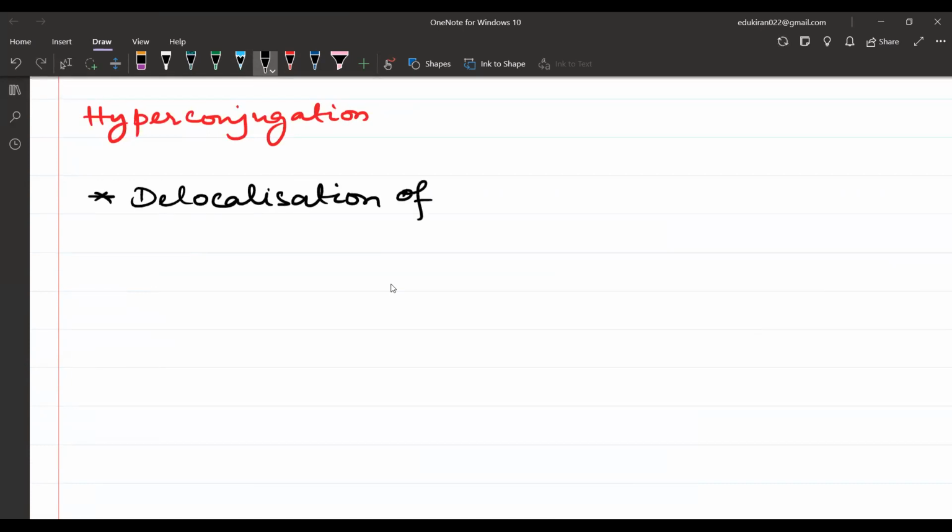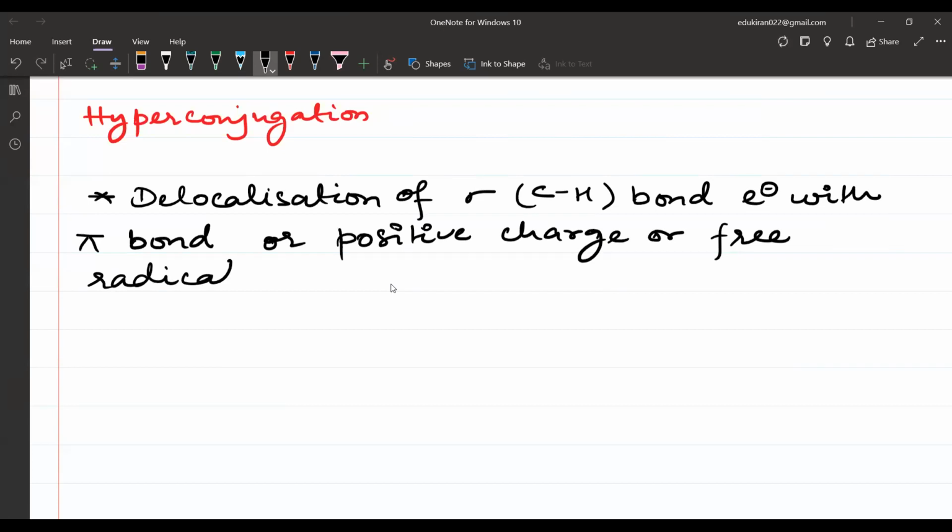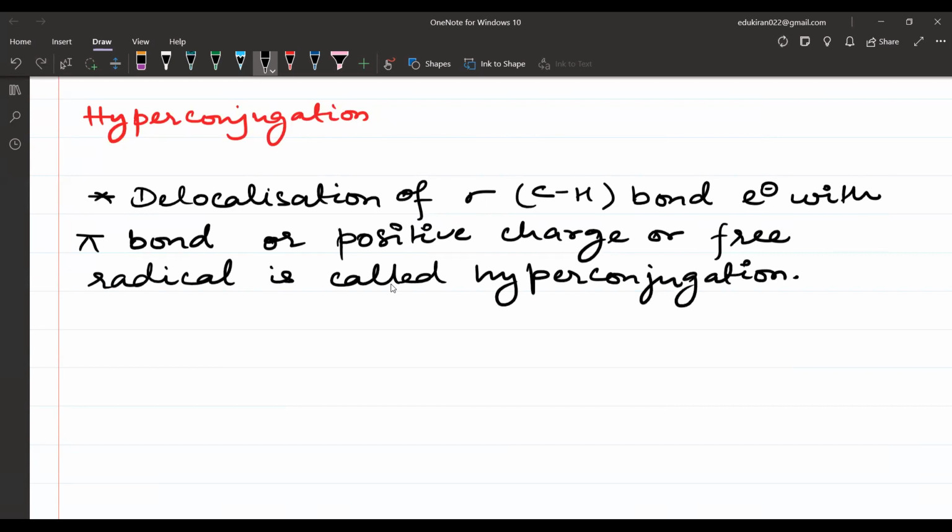Delocalization of sigma CH bond electrons with pi bond or positive charge or free radical is called hyperconjugation.